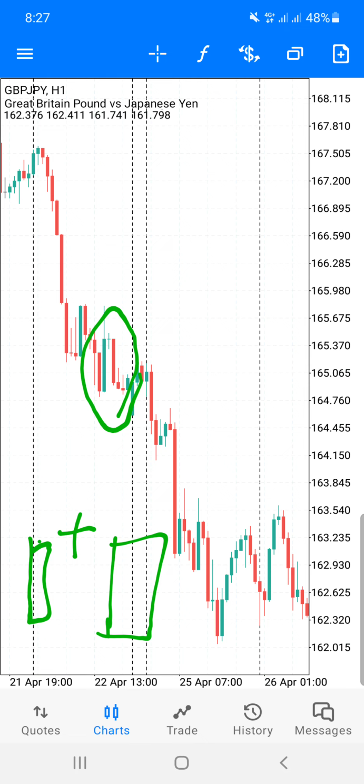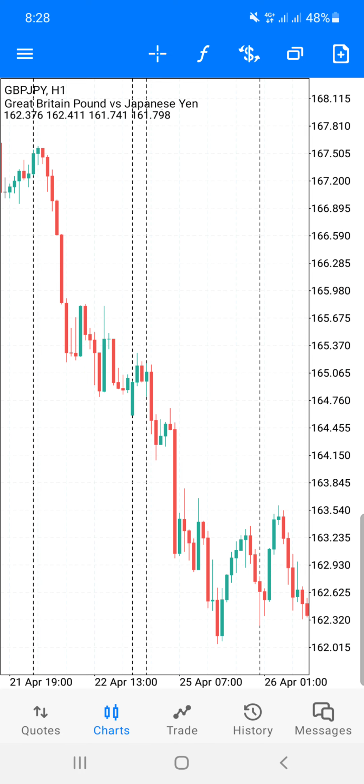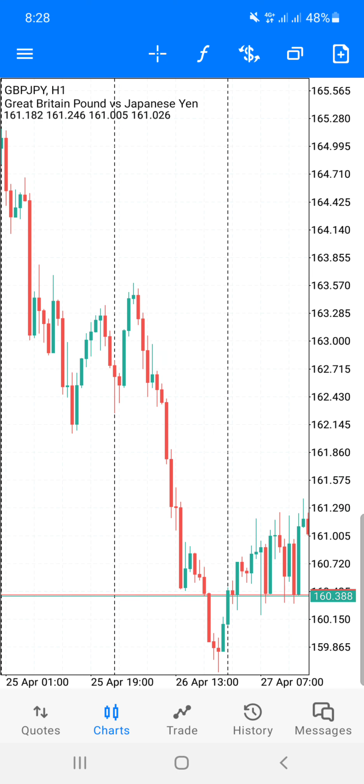Now, this is an evening star, but it is not valid here because the condition for an evening star is that the market must have bought for some time, then the pattern appears, then we sell. But in this case, the market went down. So we cannot say this is a valid evening star candlestick pattern. So we ignore it and look for a valid one.